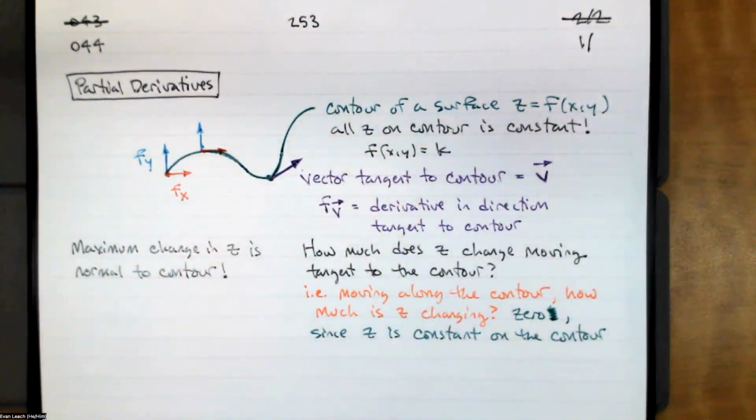The maximum change in z will happen normal to the contour. Tangent is 0, perpendicular to that will be maximum.